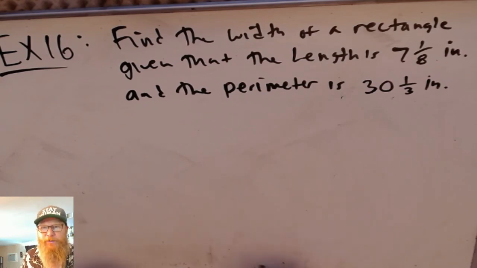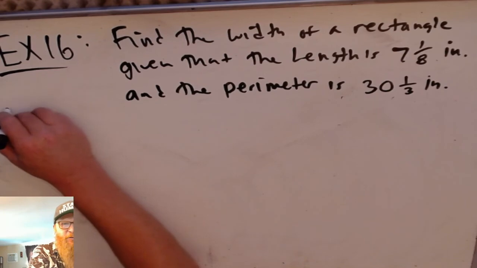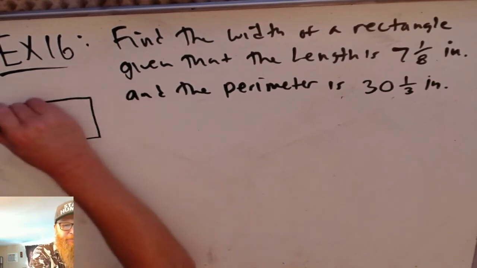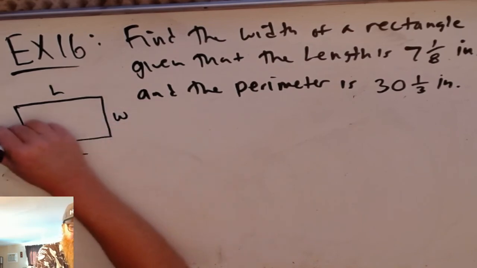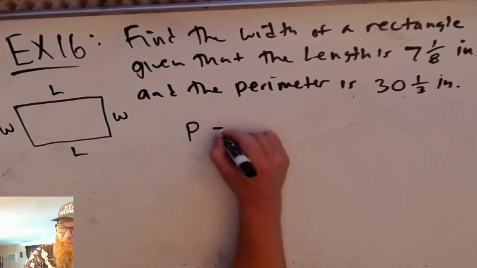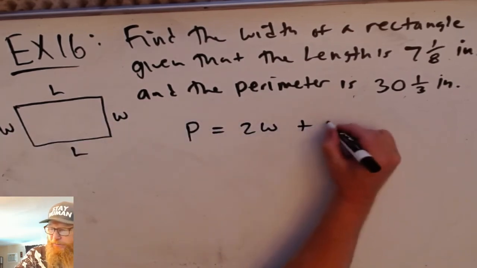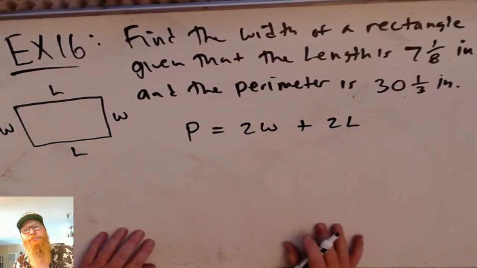So the perimeter of a rectangle. Let's just draw a little picture over here. A rectangle has 2 lengths and 2 widths. The perimeter is 2 W's plus 2 L's.